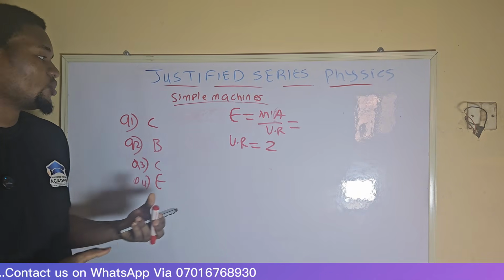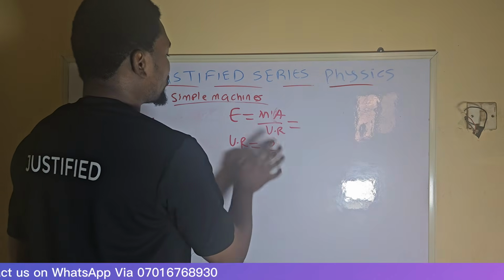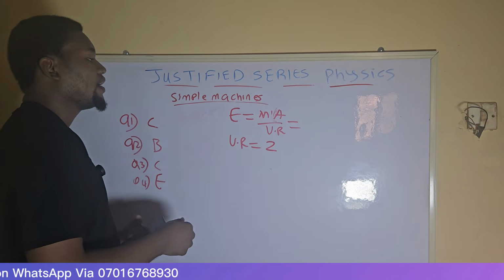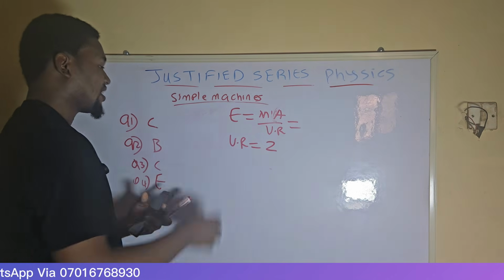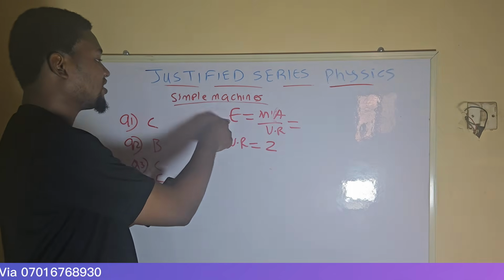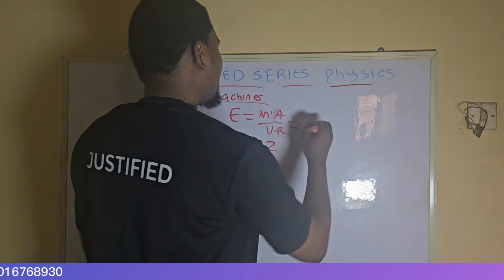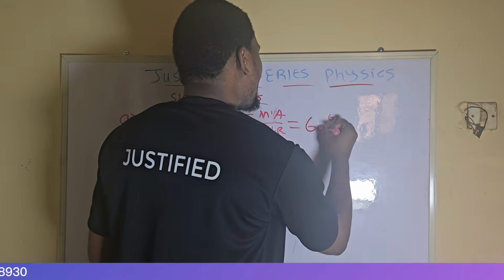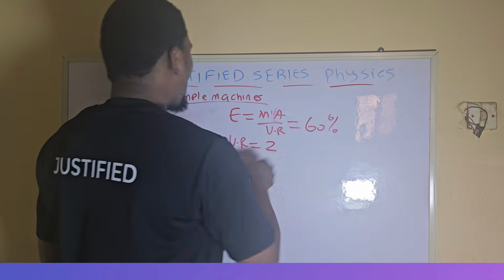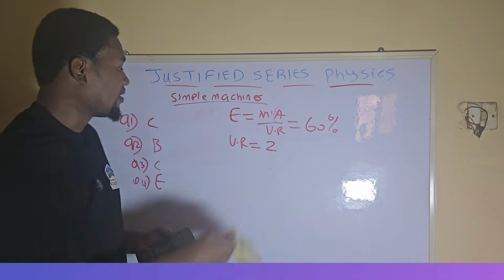So that is it. So now that I've gotten our VR as 2, let's now find out what our mechanical advantage is. Remember, our efficiency is equal to 60%. So what do we do right now? We now find our MA. Let me clean this one now.